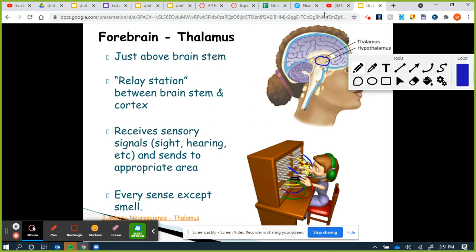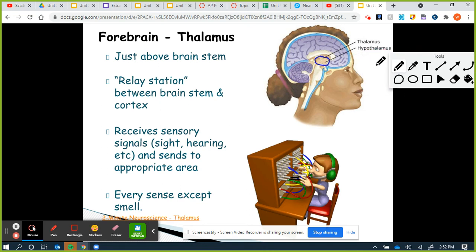Anything that we see, anything that we hear, touch, all senses except for smell go through the thalamus. So if you're seeing something, that information comes in, travels down the optic nerve to the thalamus, switches sides, and then the thalamus sends that visual signal back to the occipital lobe to be perceived.